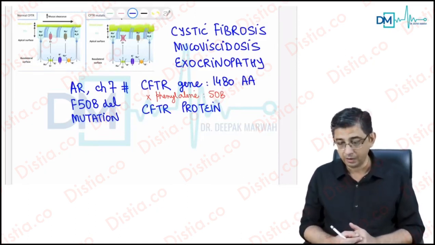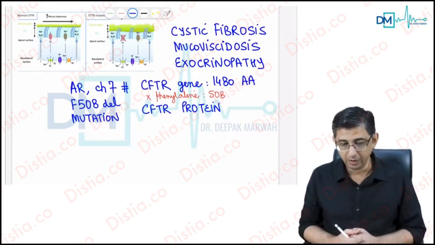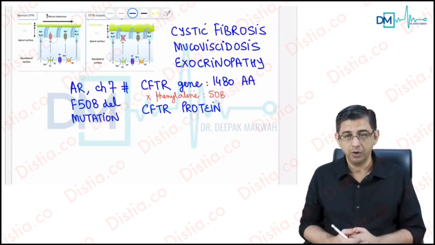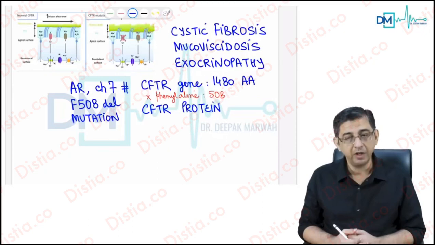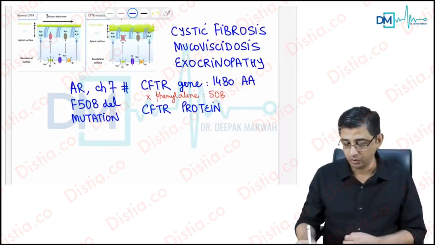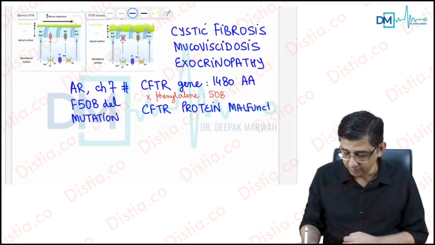Now, how does that cause so many myriad manifestations is definitely an enigma to medical science, but we have been trying to solve this puzzle for a fairly long time, and now we have answers that this CFTR protein malfunction contributes to development of multiple manifestations in the following sense.